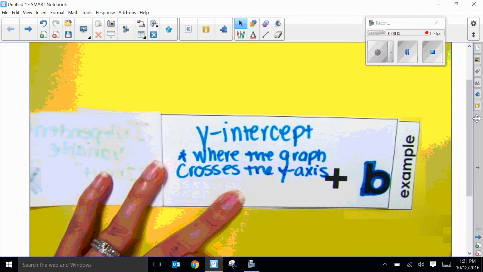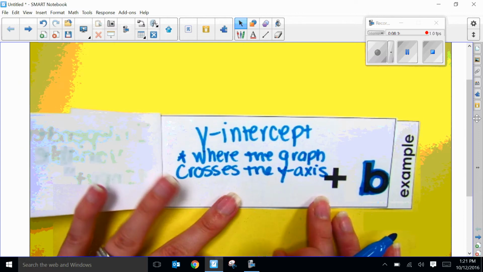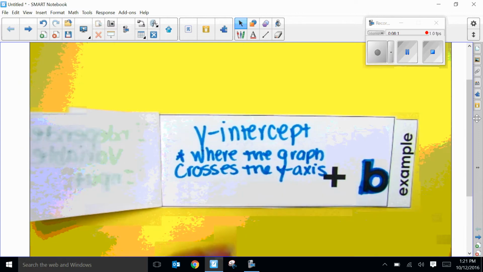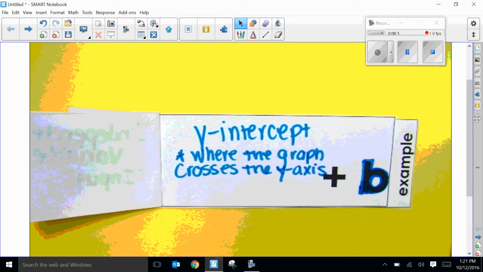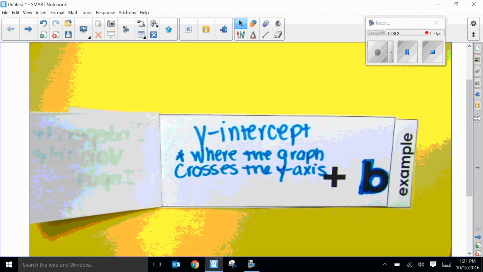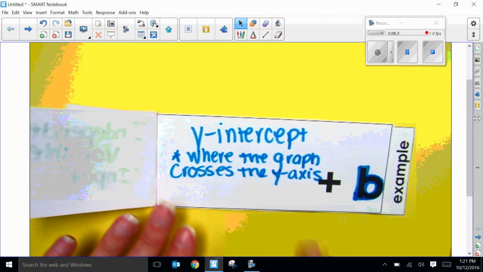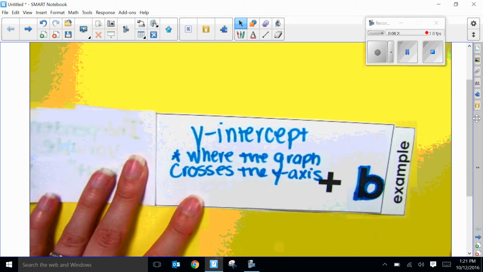That would be my y-intercept. Think of when you intercept a ball, when you catch the ball from another team. That's the same as a line on a graph: when it intercepts or crosses the y-axis, that is called my y-intercept.